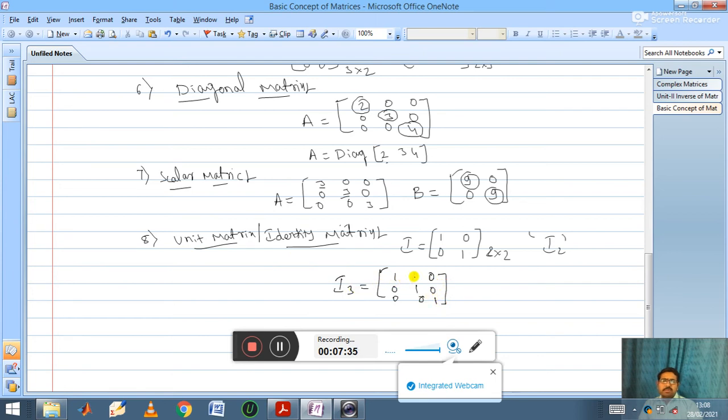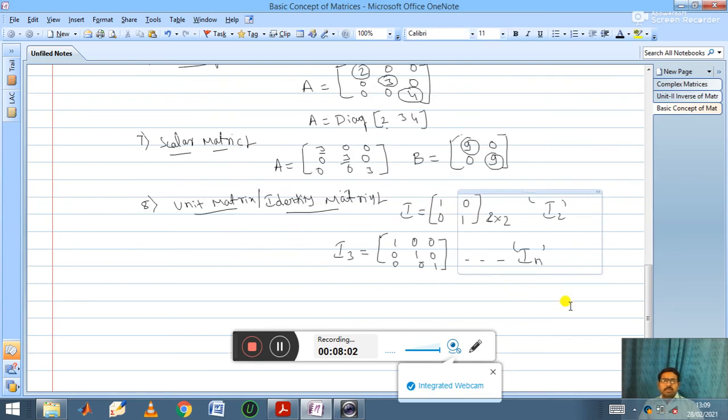I3 means 3 rows and 3 columns, and all the diagonal entries are equal to 1. This is known as the identity matrix of order 3 cross 3. Similarly, we can use the general notation In, an identity matrix with n rows and n columns.